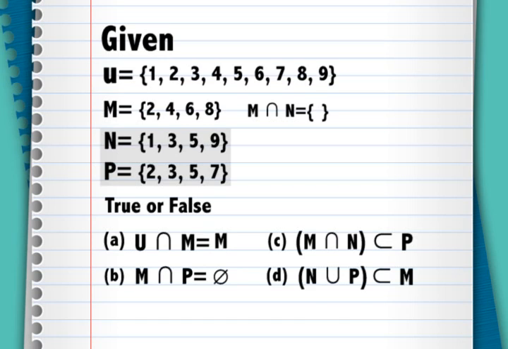What about if we had N intersect P is a subset of M? Will this be true now? Is N intersect P a subset of M?